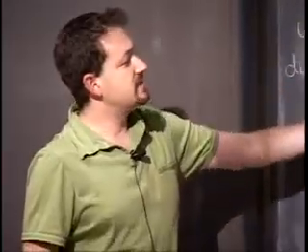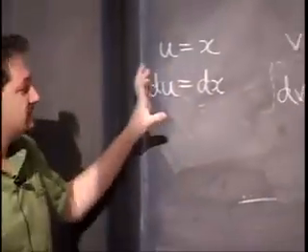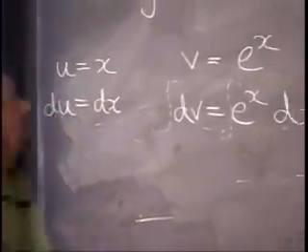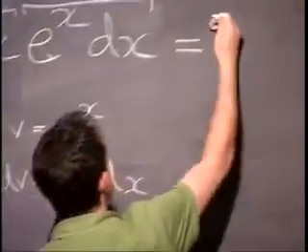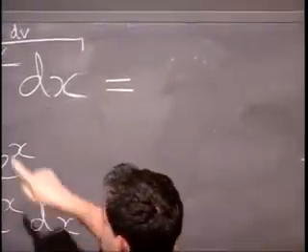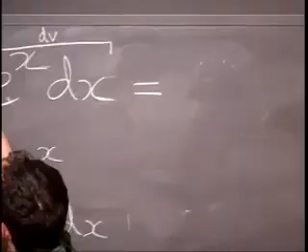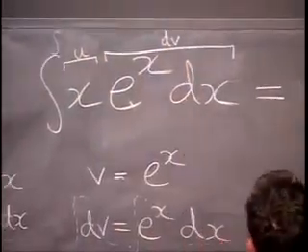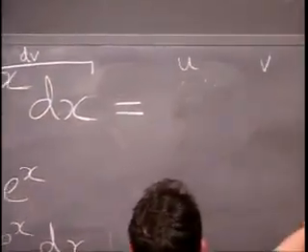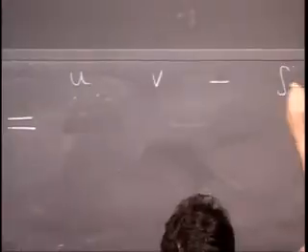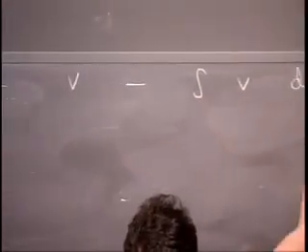This is our little template in this admittedly simple example. But I'm going to apply the integration by parts formula as written on the previous board. The integral of u dv is uv minus the integral of v du.